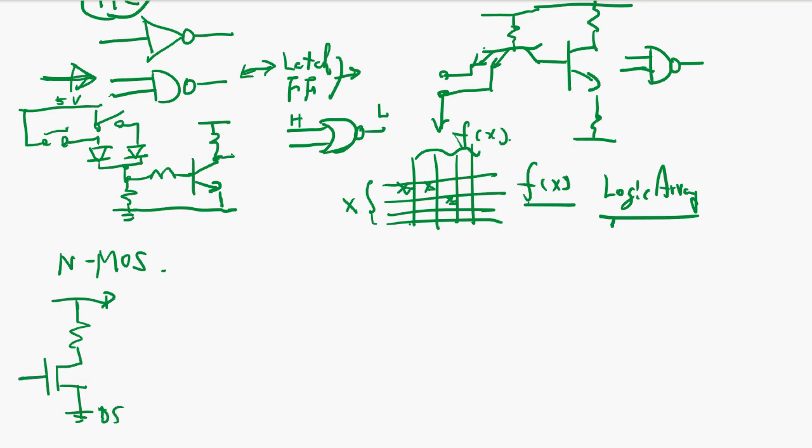And what happens is, MOS is voltage driven. So when the voltage goes high, then this current IDS flows and the output goes low. So it's an inverter, right? So this is called NMOS. It's using N channel MOS.